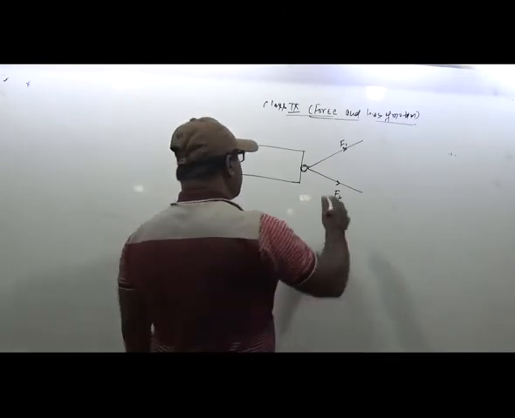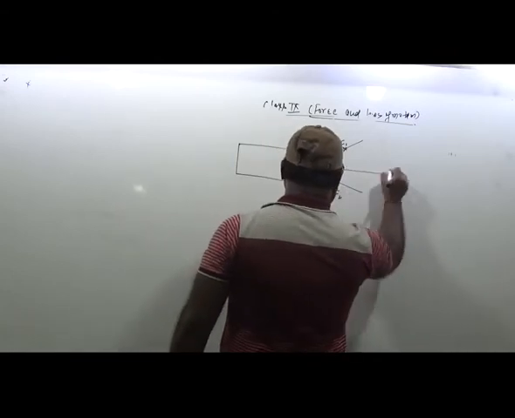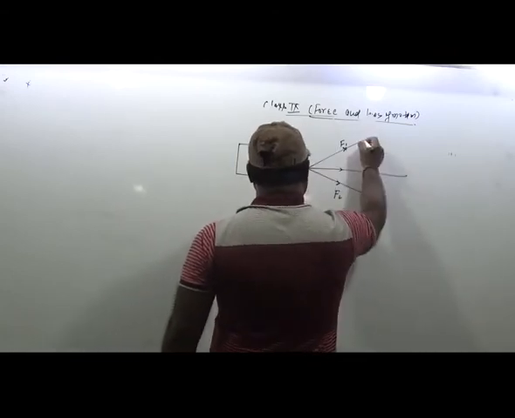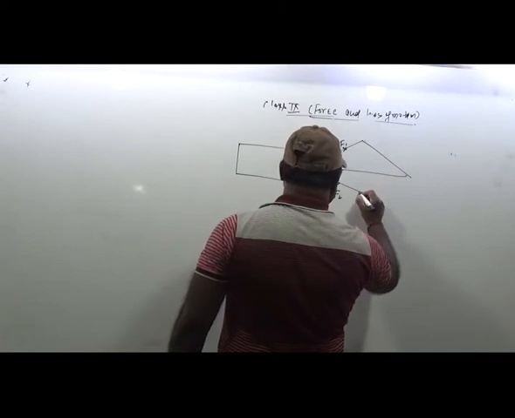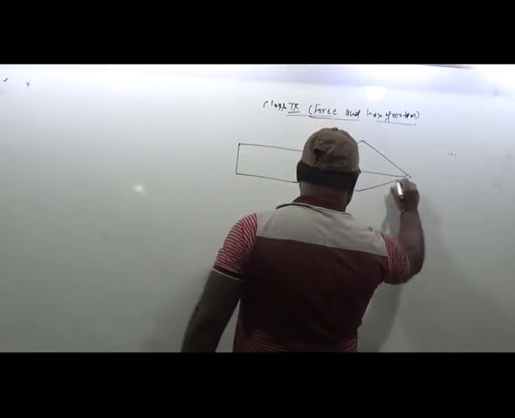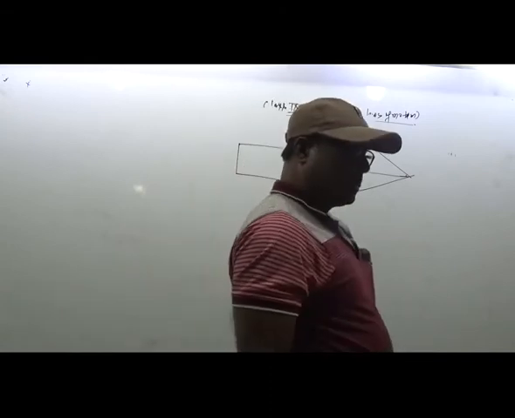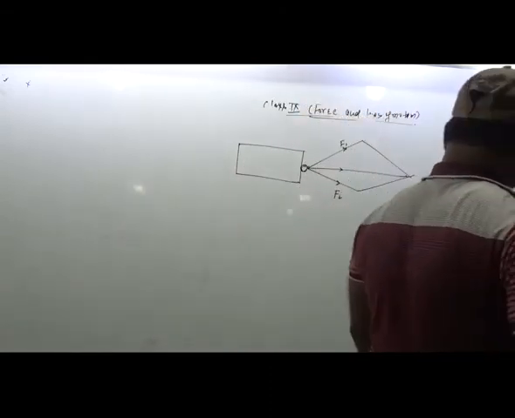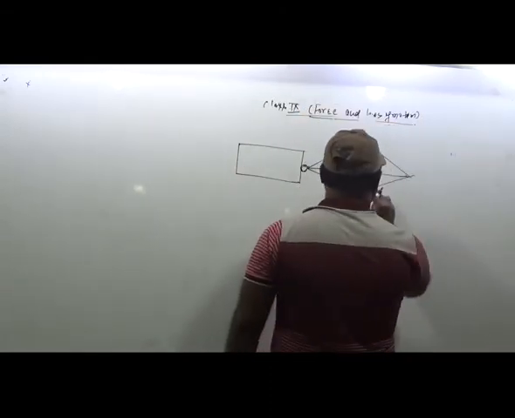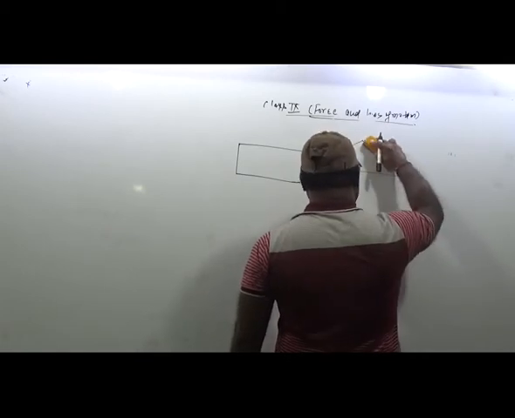It will go straight like this. When you go to class 11, we complete it and we say it is the parallelogram law of vectors. So leave it here for now.